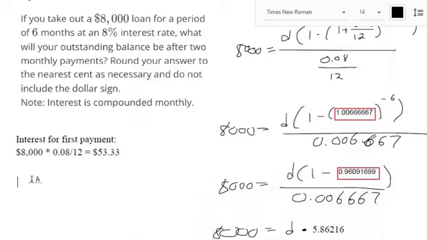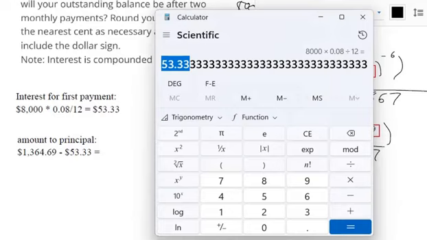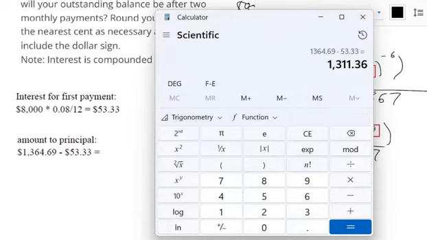So the amount that goes to the principal, we're giving them $1,364.69, but $53.33 goes to interest. So we subtract those two. So this is how much goes to the principal.